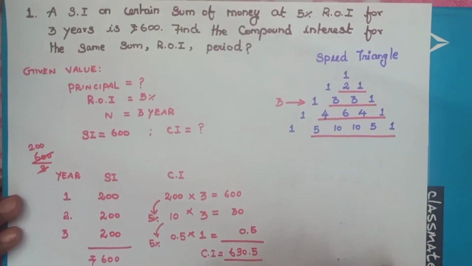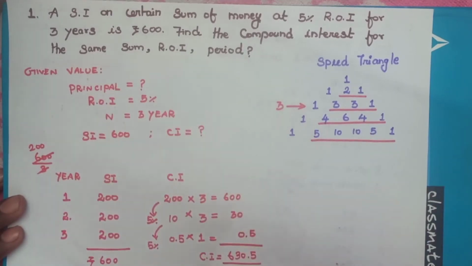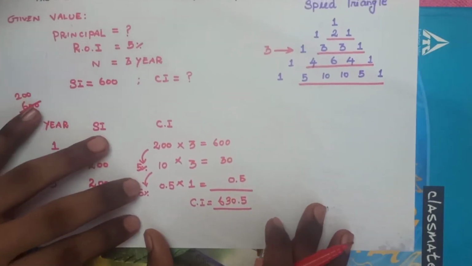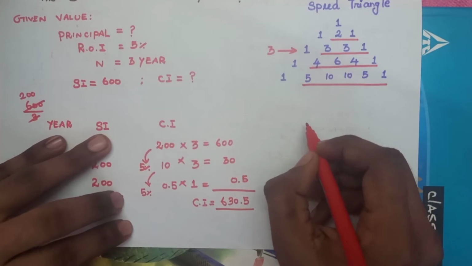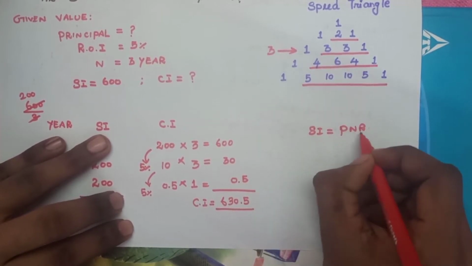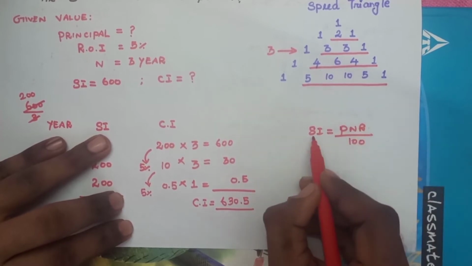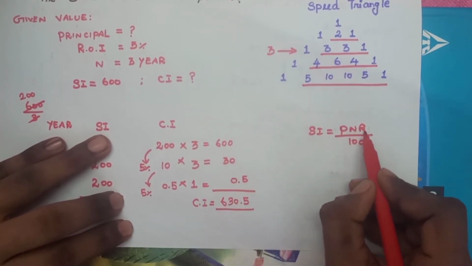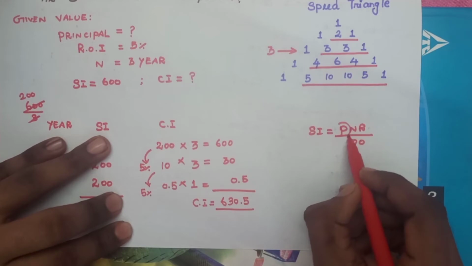But if you want to solve the same problem using the formula method, what will you do? Just find out the principal value using the simple interest formula. Simple interest equal to PNR divided by 100, right? Your simple interest we know, N we know, R we know. Just apply it and find the principal value here.